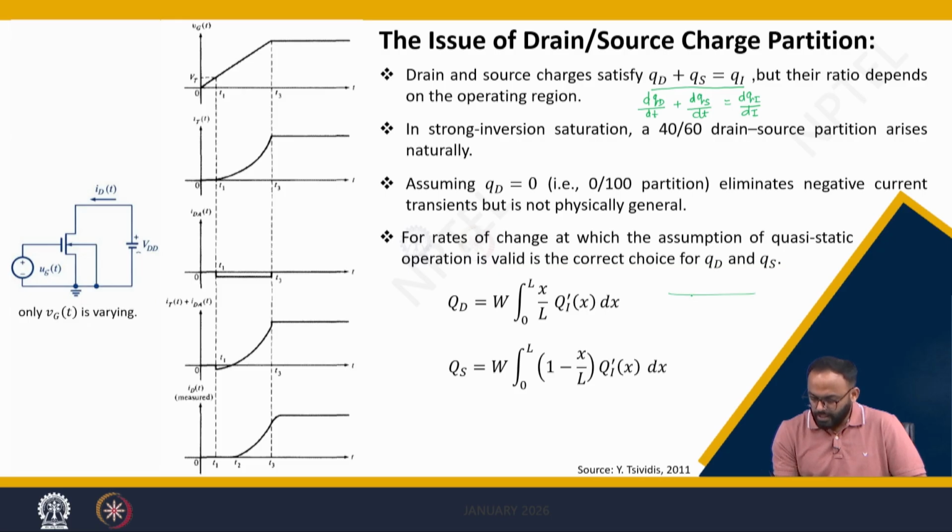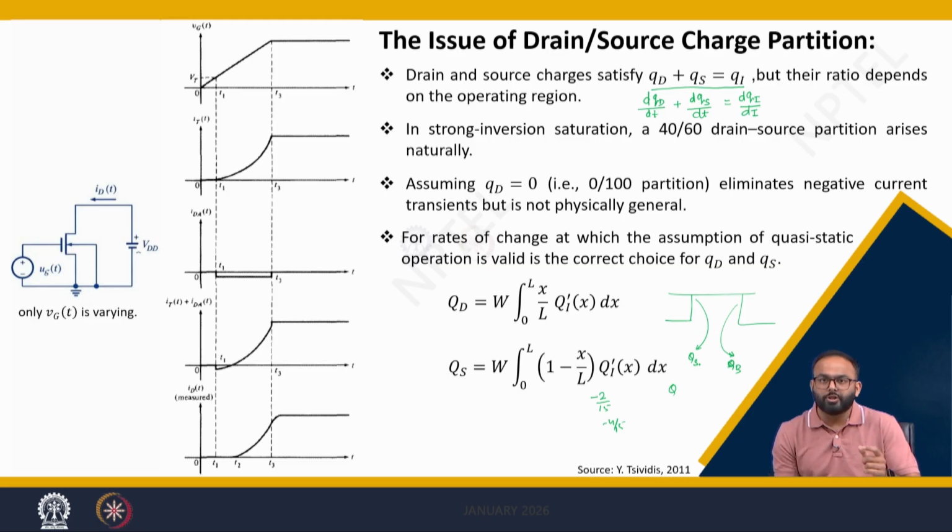If this is the source side and this is the drain side, the ratio of these charges can be 50-50. Or we have seen in the previous analysis where we derived the equations for QS and QD, when you operate the MOSFET in the saturation region, the ratio will not be 50-50. You remember there was a term of 2/15 or -4/15 kind of term coming.